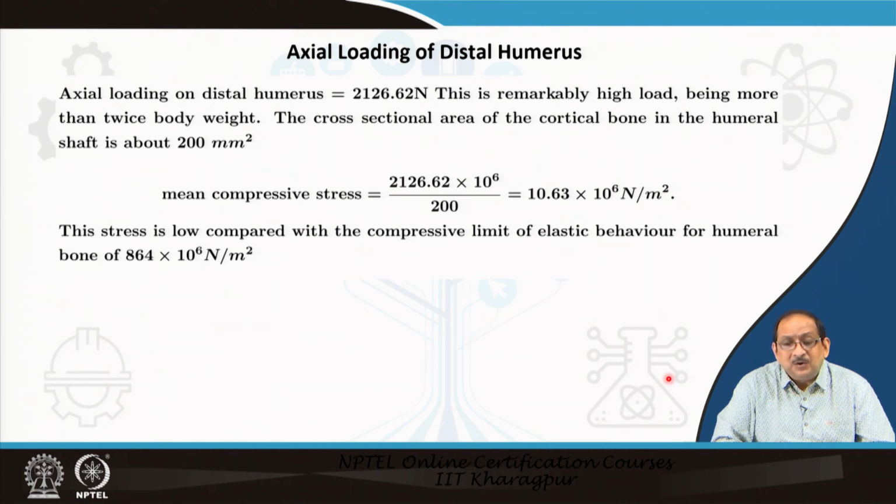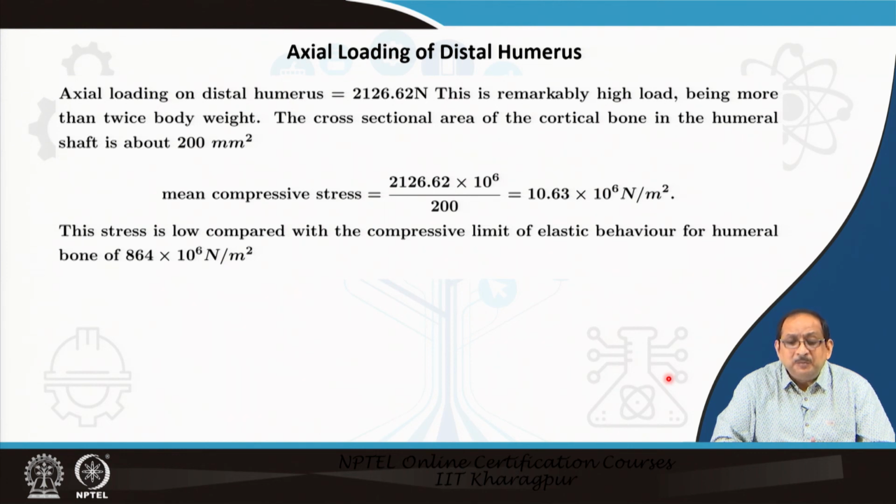Now, if we consider the cross-sectional area of the cortical bone in the humeral shaft, the cross-sectional area is about 200 millimeter square.